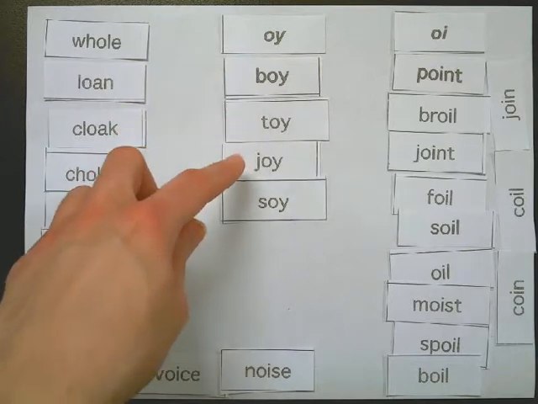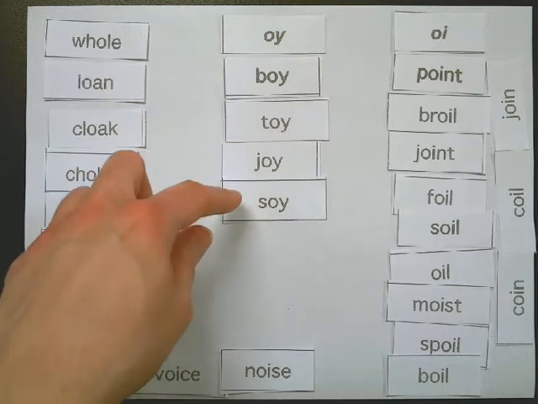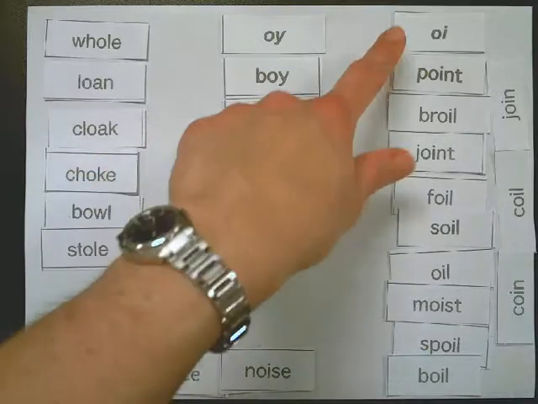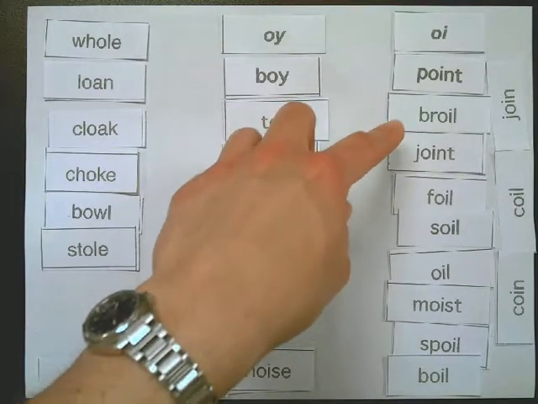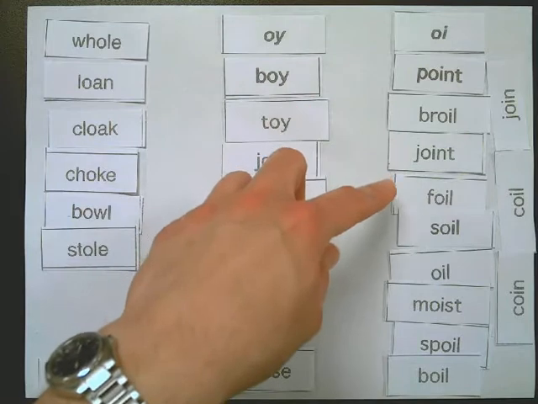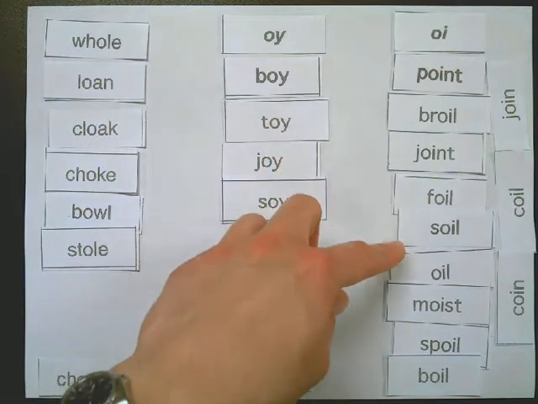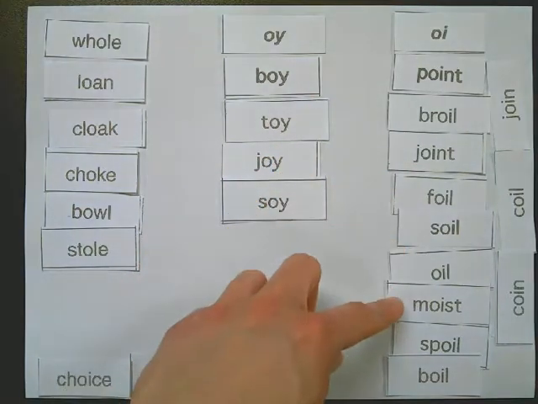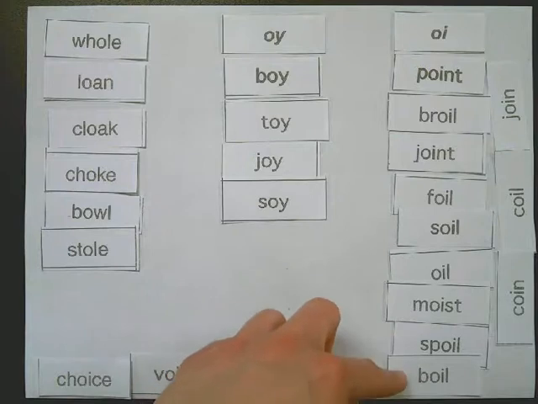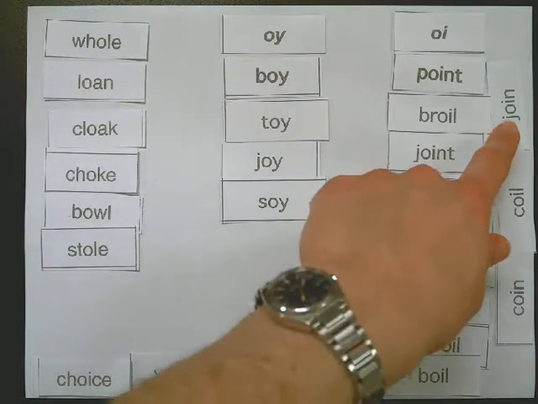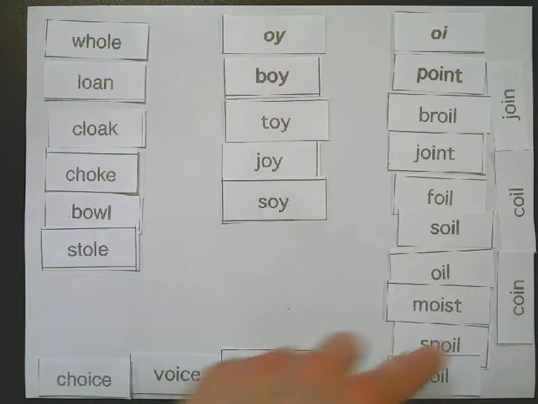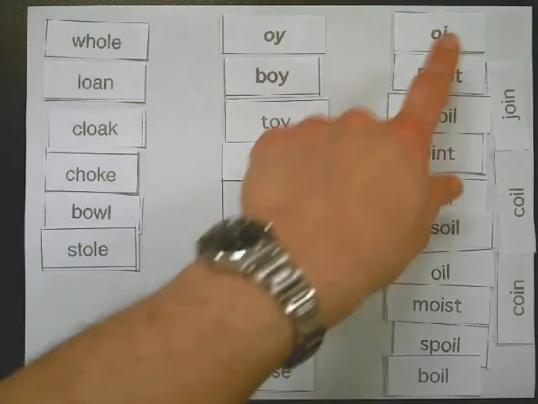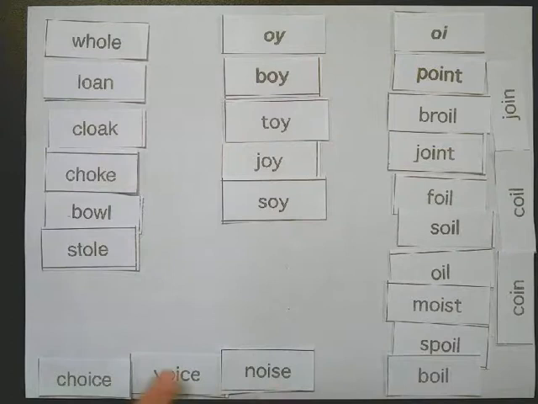Then we have the diphthongs O-Y, like in boy, toy, joy, soy. And that same sound oi can also be spelled with an oi, like in point, broil, joint, foil, soil, oil, moist, spoil, boil, join, coil, or coin.